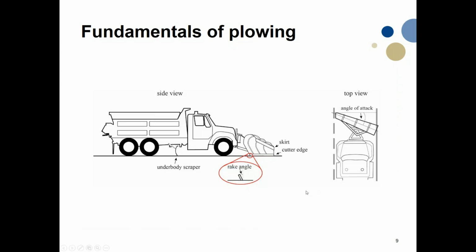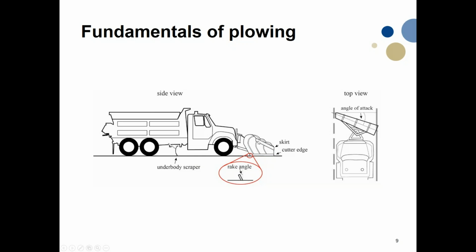A plow consists of different elements, and the biggest one is basically the mold board. That's the big curved shape that you see, and the mold board is typically made out of metal or some composite material, but mainly metal. Often a skirt is placed in front of it, which is often a kind of fabric.